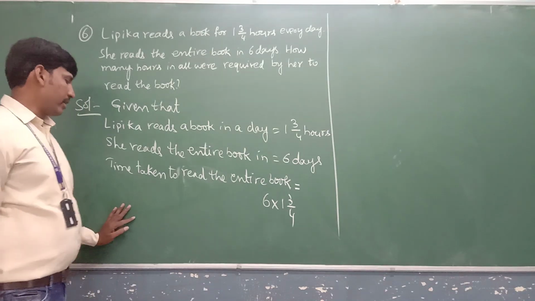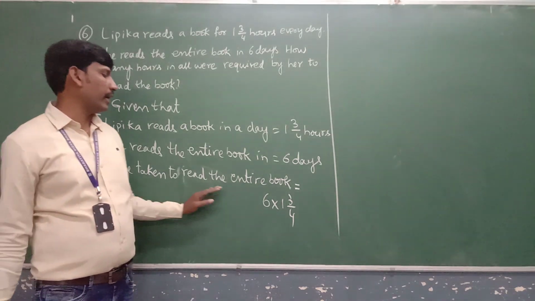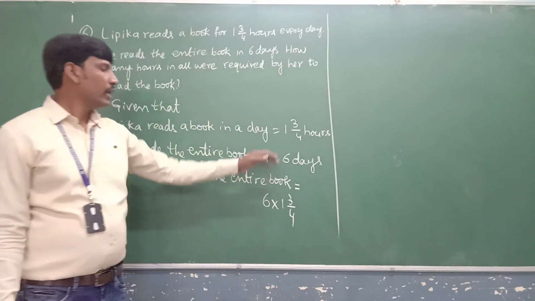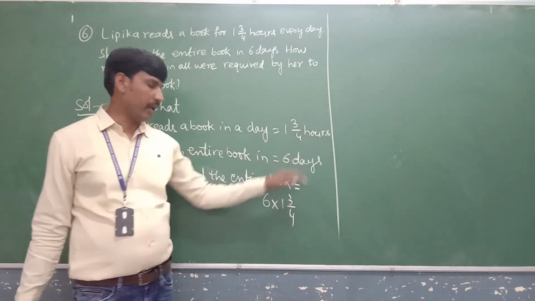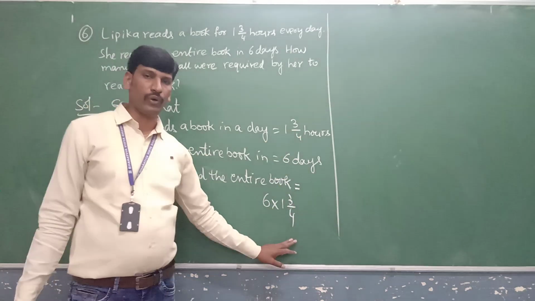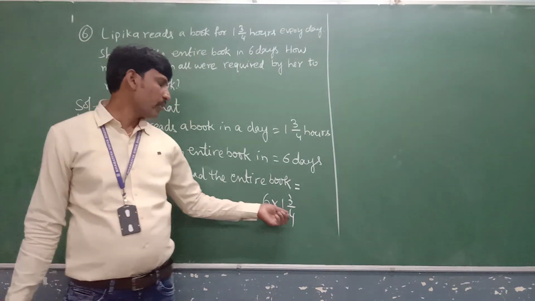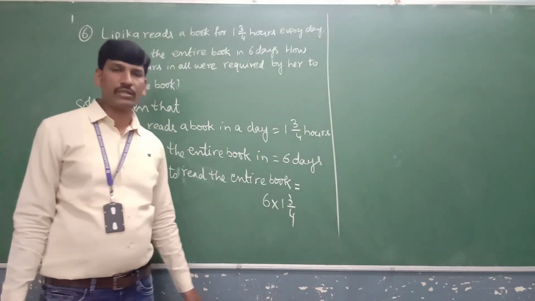Is this clear, my dears? Time taken to read the entire book is equal to number of days into hours per day, 6 into 1 3/4. Here 6 is a whole number, 1 3/4 is a mixed fraction.